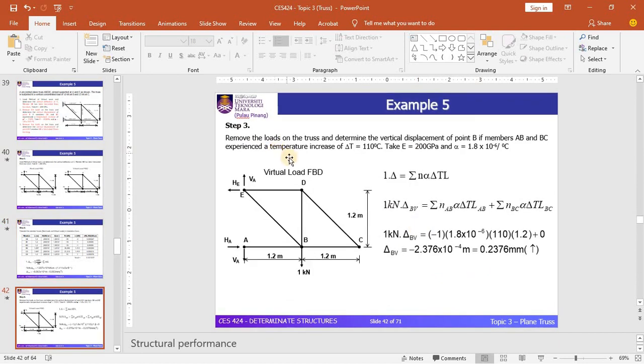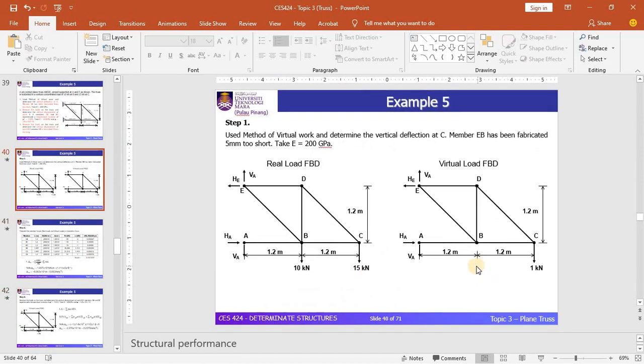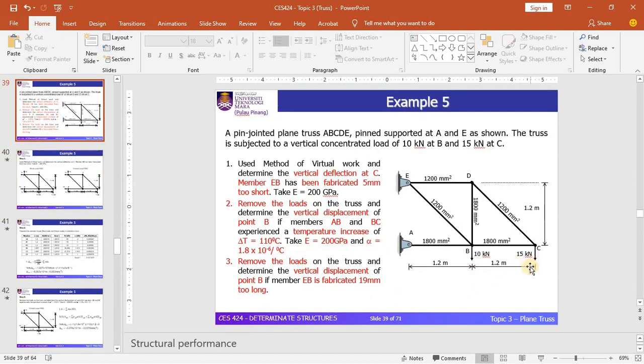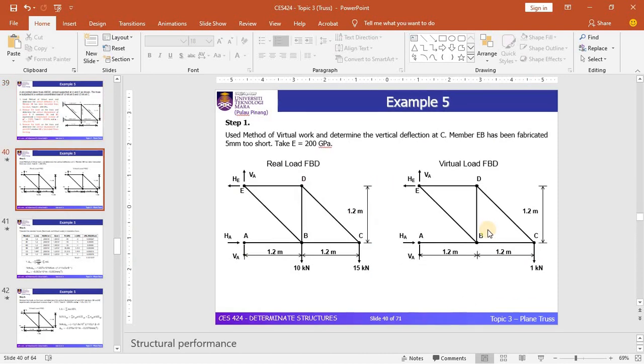In this second part, the question indicates that you need to remove the loads, meaning that the loads of 10 and 15 kilonewtons are not considered in the analysis, so there is no displacement due to the applied load.